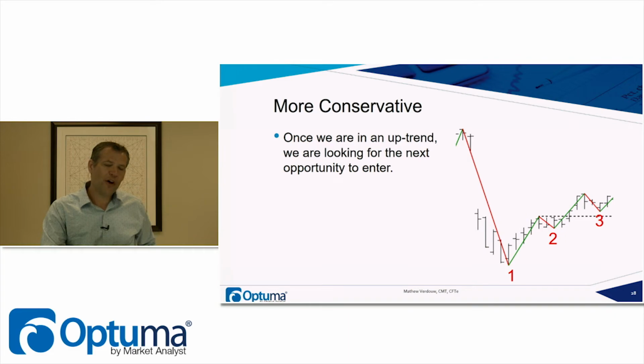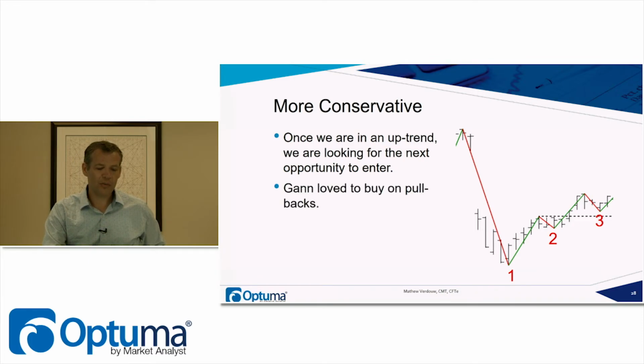Now, if I was more conservative, and again, this is one of the things that Gann wrote about, was to say, well, once that's established, I would wait for the next pullback again. So this number 3 here, and then as soon as that bottom is established, this line here, the swing turns up, then I'm in on that one, and that becomes my signal. As I said, it's more conservative.